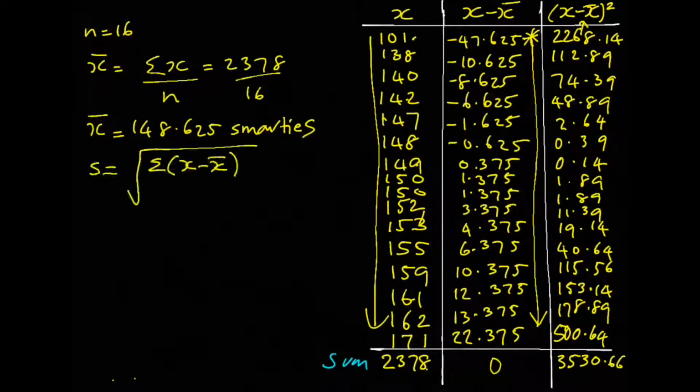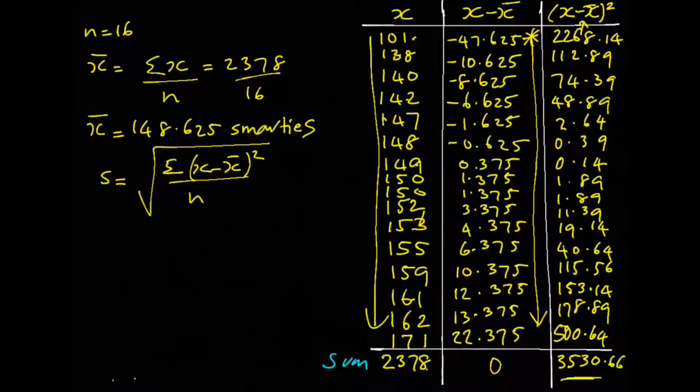3,530.66. So the formula for standard deviation is S equals the square root of the sum of x minus x bar squared, which is this value here, divided by n minus 1. So S is equal to the square root of 3,530.66.